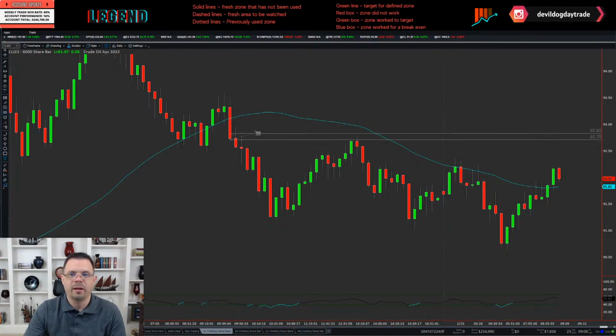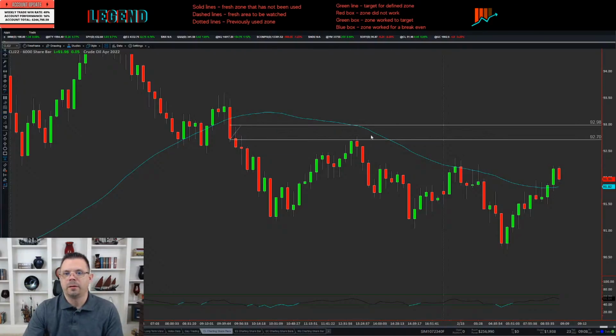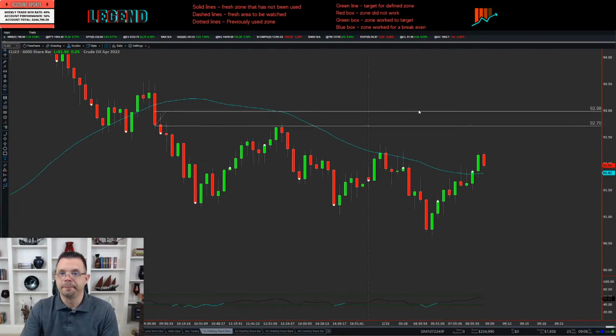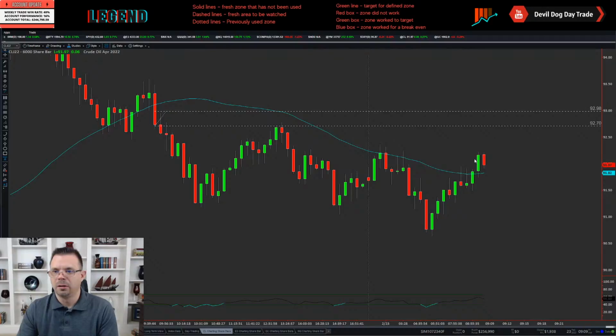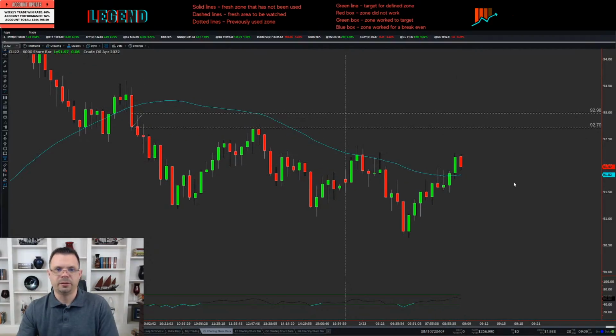I typically go about halfway into them, and then 3 ticks above for the stop. This trade would have worked as well, but it's a counter trend trade, so that's up to your own individual trading plans whether you're going to take those or not. I don't, so I would not have taken that trade, even though it did work out really well.